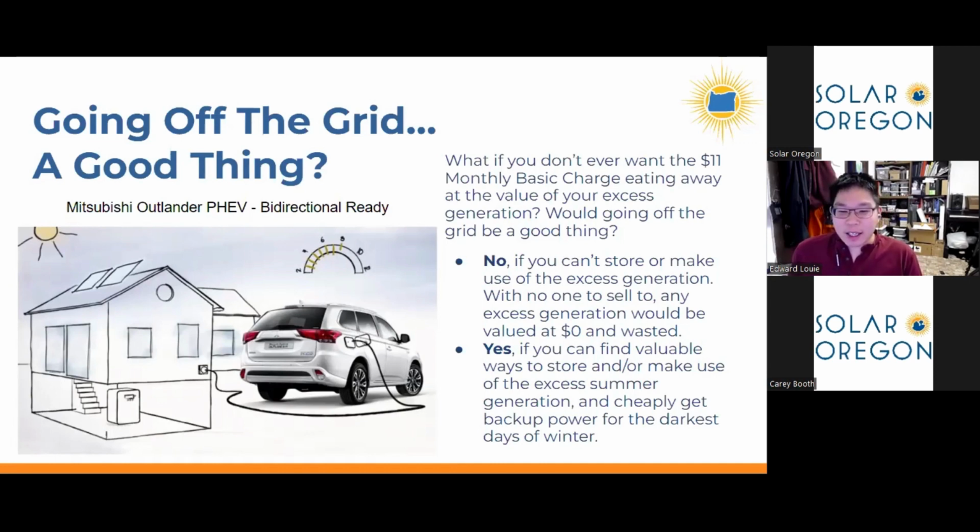I think that for many reasons, it's not, because you literally have no one to sell to if you have excess generation. And so you will have to be very diligent in the summertime to figure out ways to store or make some sort of useful application for all those excess kilowatt hours you generate during the summertime.